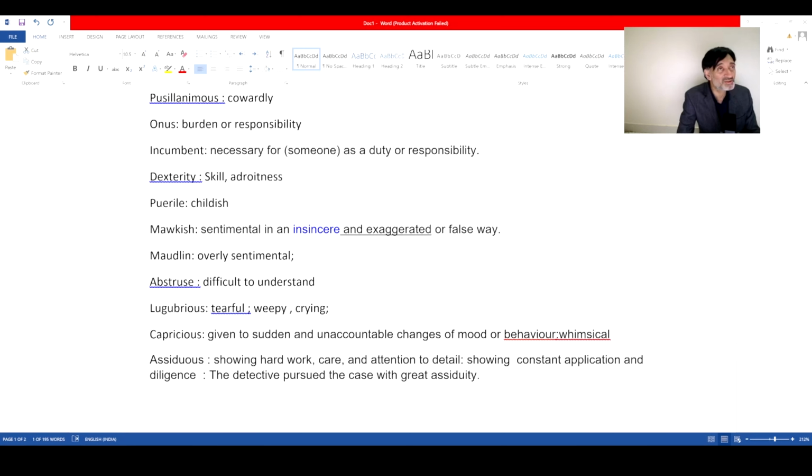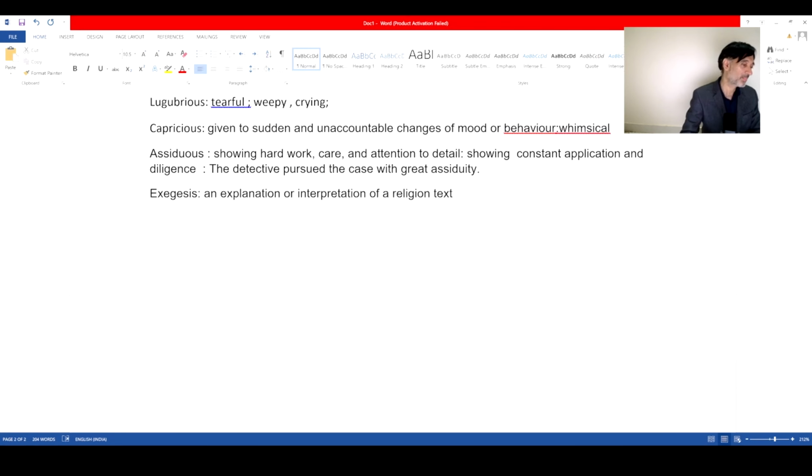So somebody is writing an explanation or interpretation of the Bible. It is like he's writing an exegesis. So you can pronounce it as exegesis. An explanation, interpretation of a religious text. So remember this word exegesis.